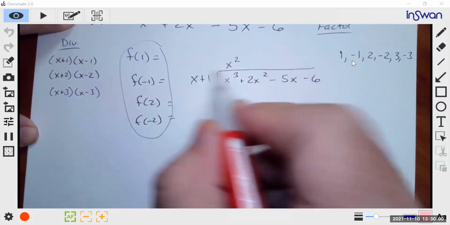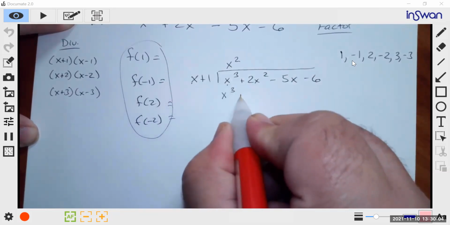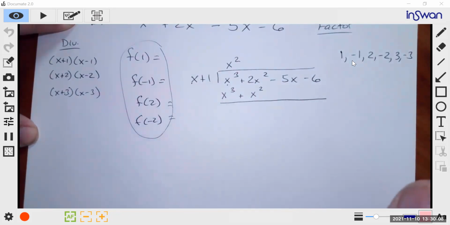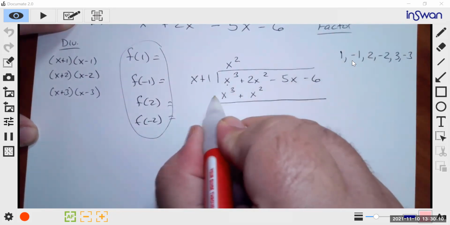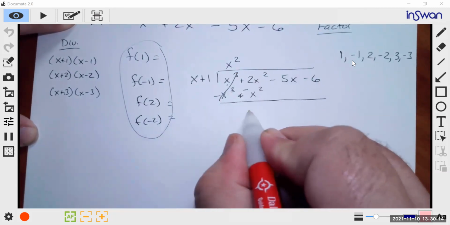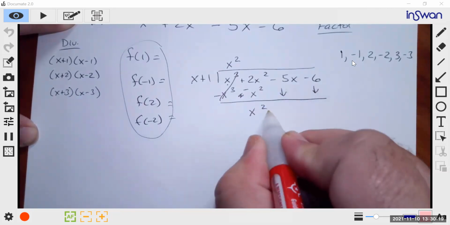So x squared times x is x cubed. x squared times 1 is 1x squared. Change the signs and add. 2 minus 1 is 1. Bring down everything else.